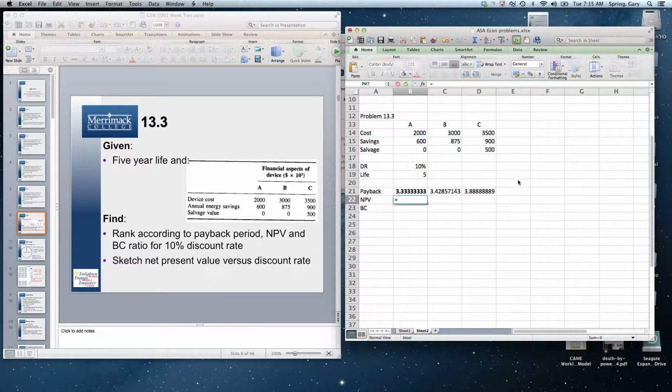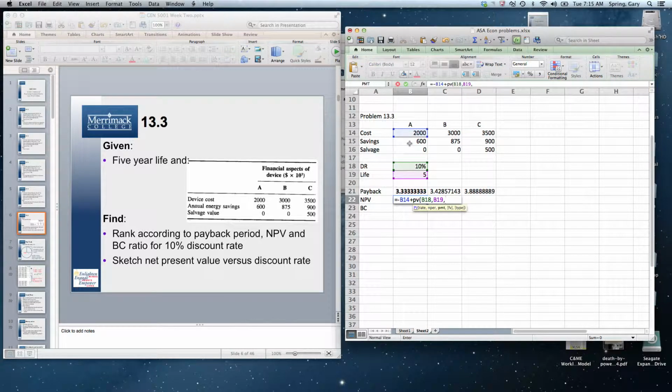Okay, so net present value of alternative A is a cost of $2,000, and then present value of the savings. So we have a discount rate of 10%, number of periods of 5, and then a payment.